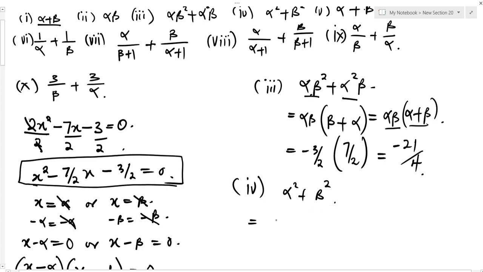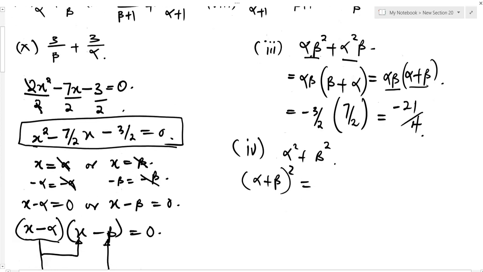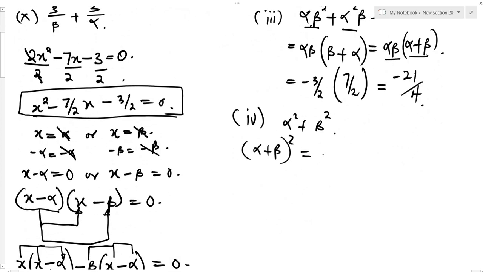Now, so this is squares. So let me square the alpha plus beta. The square of alpha plus beta is the same thing as alpha plus beta times alpha plus beta.